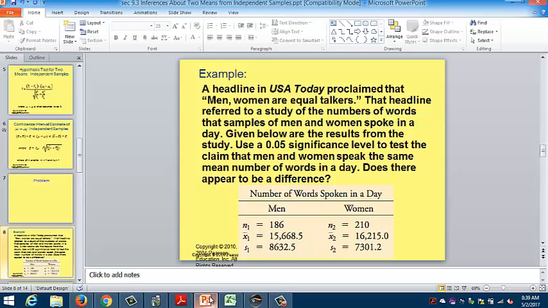Like we said, within 2 standard deviations is not uncommon, right? So check that out. The mean is about 15,000, but the standard deviation is 8,000 some. That says to me, some people said they spoke very few words, and some people spoke 30,000 words. Wouldn't be uncommon to see that. So there's a big variety in how many words people speak in a day.